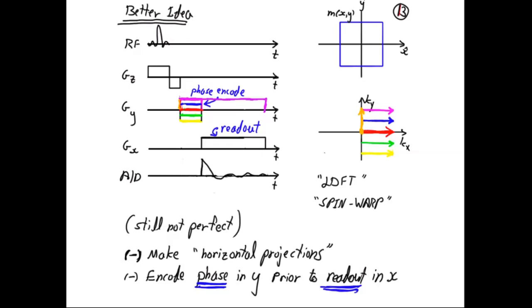In the frequency domain. Now you're going to start this readout gradient. So that takes you to the right of k-space. But because the y gradient is on, you're still moving in the y direction. So that will then take you diagonal, and collect this line.